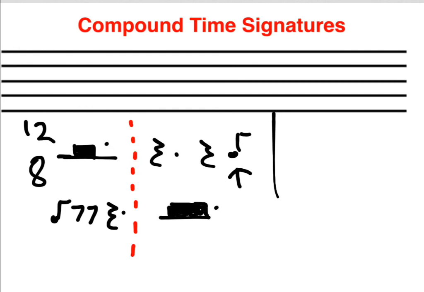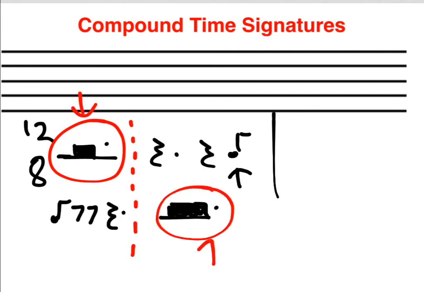Okay, so that's the main rule to remember when you're dealing with time signatures that have 4 beats in a bar. You can have rests that take up half the bar. In other words, rests that have the equivalent of 2 beats in it. Okay, like those guys that I'm circling.